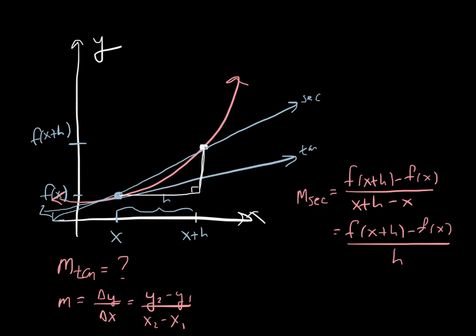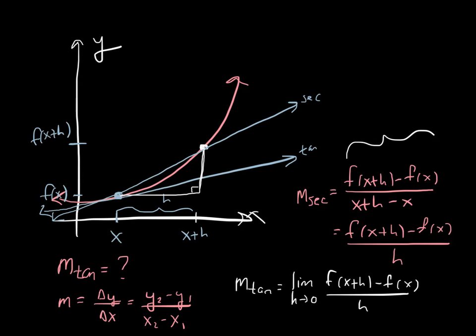So we can say that the slope of that tangent line is equal to the slope of the secant, but we make h infinitely tiny. So here we have the slope of the secant, which is this quotient of differences.